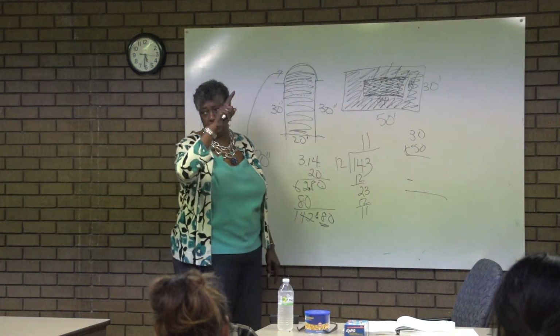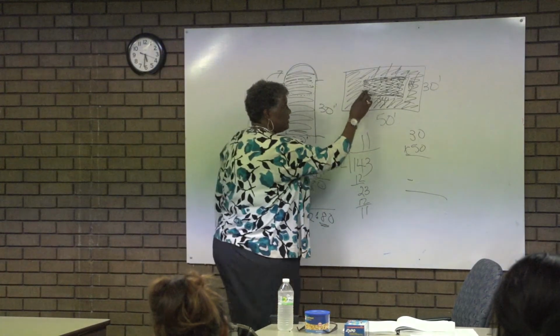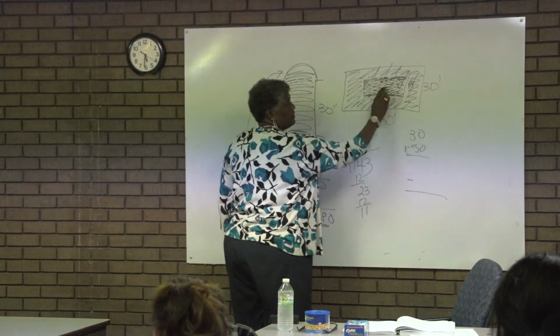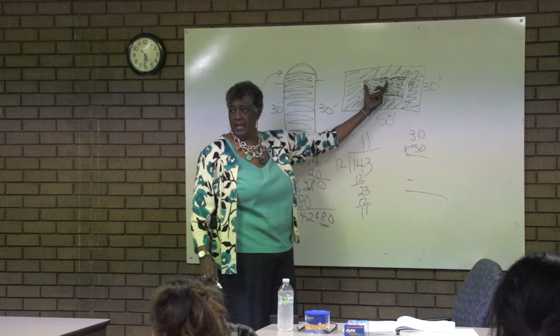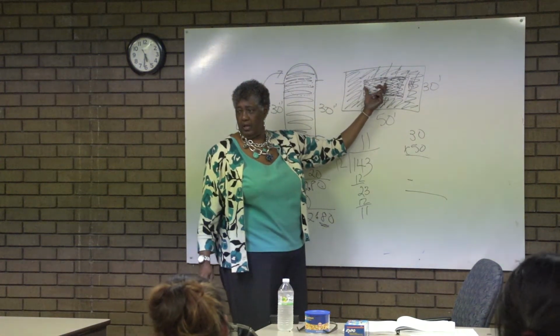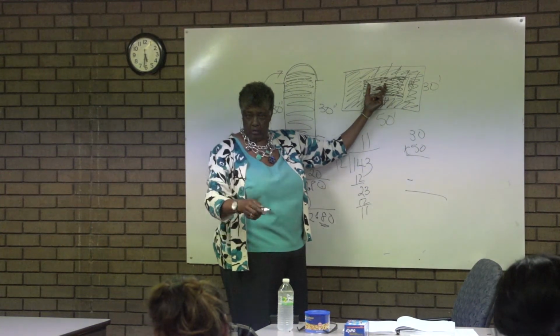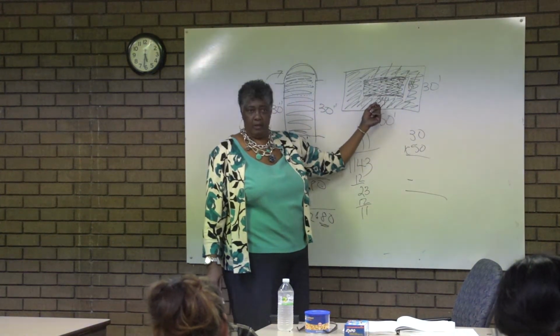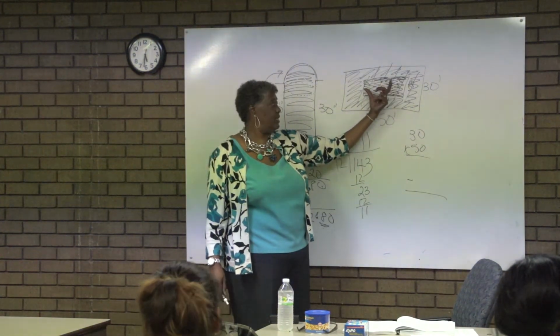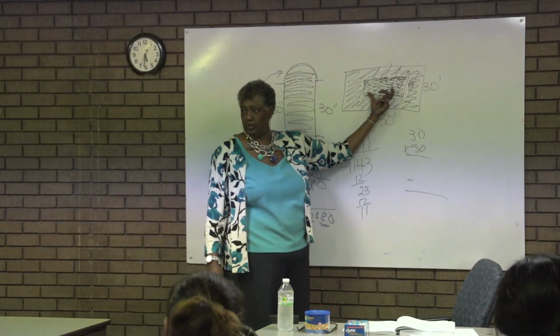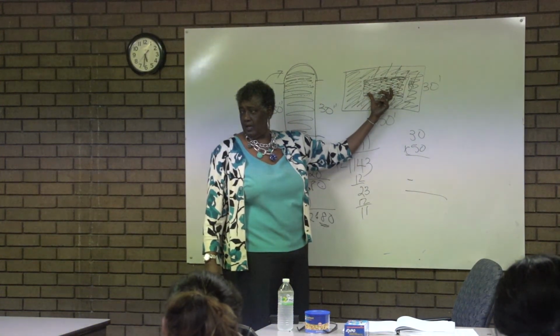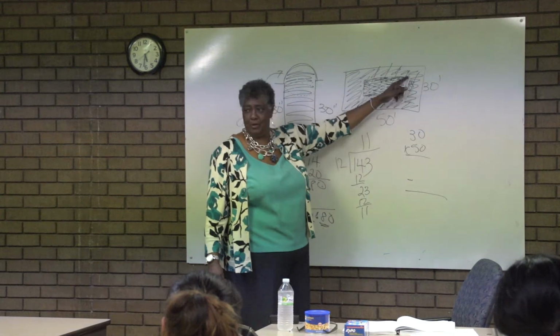You're still going just outside. It takes up all of this space. You got to figure out the space that it covers. And the space of that you find by doing what? Multiplying. 34 times 18 would give us the area of this pool. You see what I'm saying? If you do the outside, you're just cutting out that little bit.